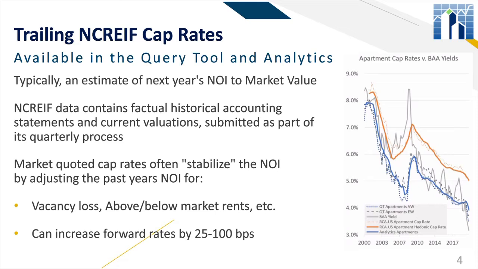These funds may differ in style from the larger private broker dataset, which can have different geographic concentrations and can come from the buyer's or seller's broker, which may have been adjusted to stabilize the income and expenses. Through the query tool and analytics, NCREIF offers both equal and value-weighted cap rates, and in a future session, we'll show you how you can reconfigure a query template and make your own.